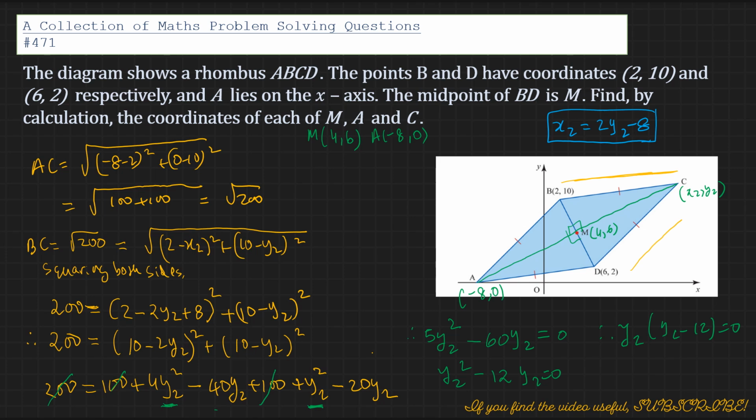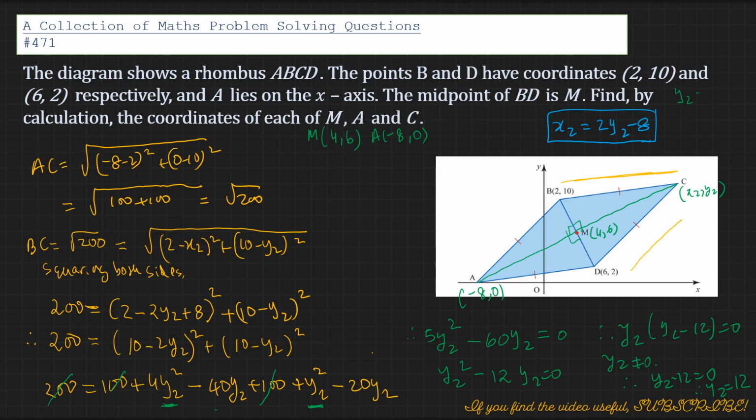Now y2 cannot be equal to 0, as we see. Therefore, we can say y2 minus 12 equals 0, and that would give us y2 equals 12. Once we know y2 equals 12, we can put it here.